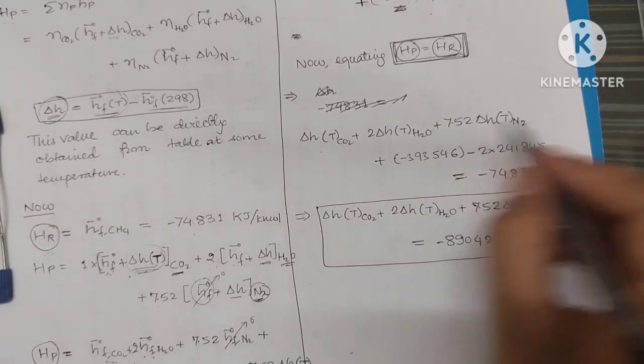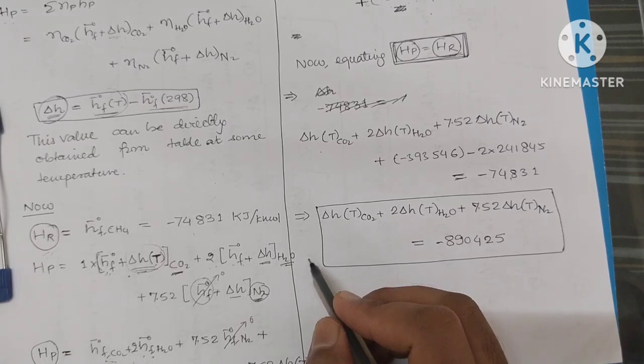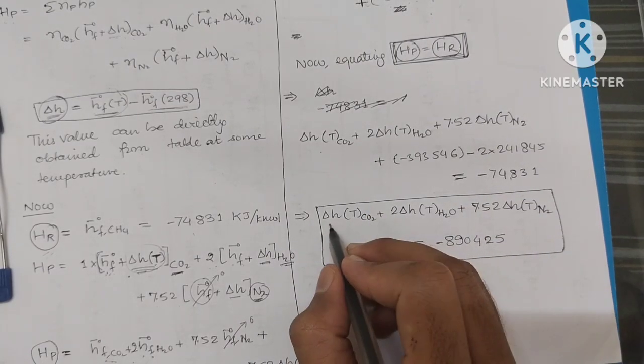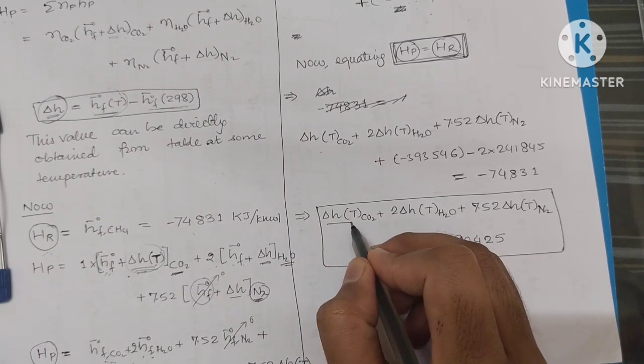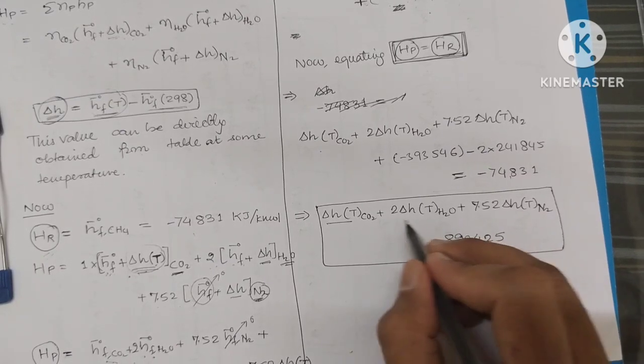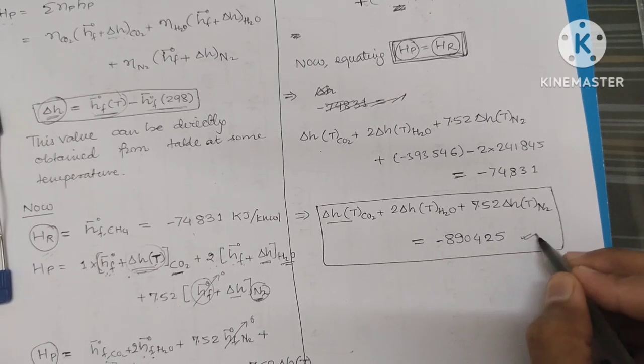By adding and subtracting, we get a simple expression like this. This is the enthalpy change of CO2 with respect to some temperature. Similarly for H2O and for N2, and this equates like this.